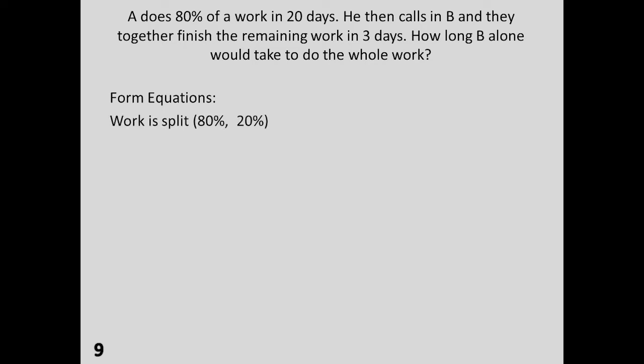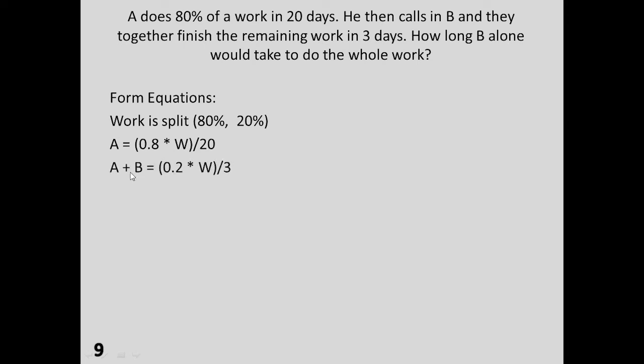Now the first 80% A will complete, and the next 20% A and B together will finish. So for the first 80% we can write A's productivity is equal to 80% of the work. 80% is nothing but 80 divided by 100 into total work, divided by 20 days. Similarly, for the next 20%, since A and B work together, their productivity adds up.